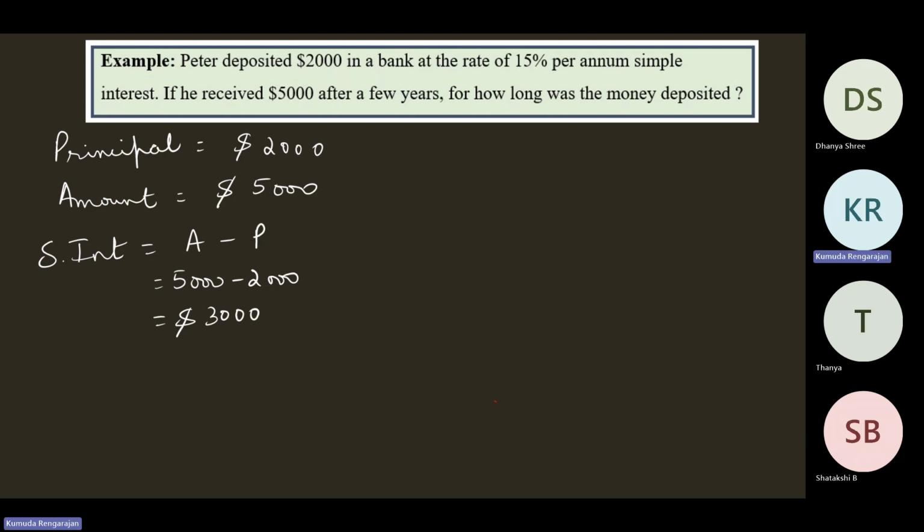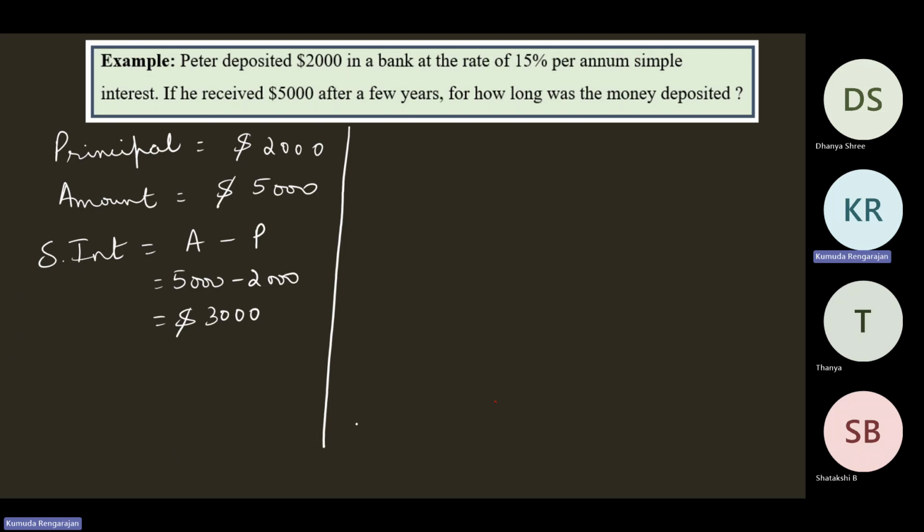You kept only 2,000 in the bank, but after a few years, the bank is giving you 5,000 rupees. That extra 3,000 rupees is the simple interest which the bank is paying you for using your money for so many years. So we found the simple interest.